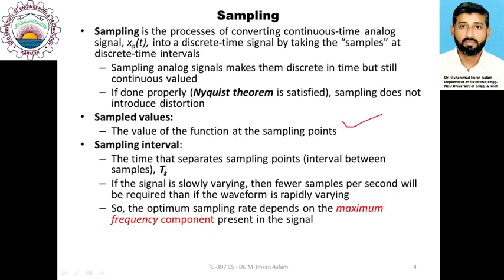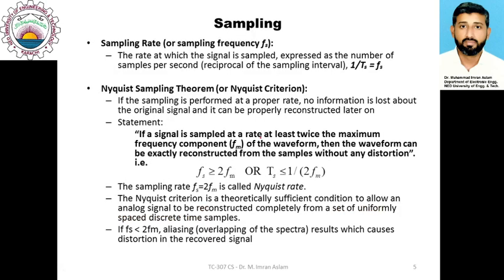The time interval that we use for sampling purposes is known as the sampling interval. This maximum sampling interval depends on the maximum frequency component in the signal for proper reconstruction of the sampled values, as discussed in the Nyquist sampling theorem.